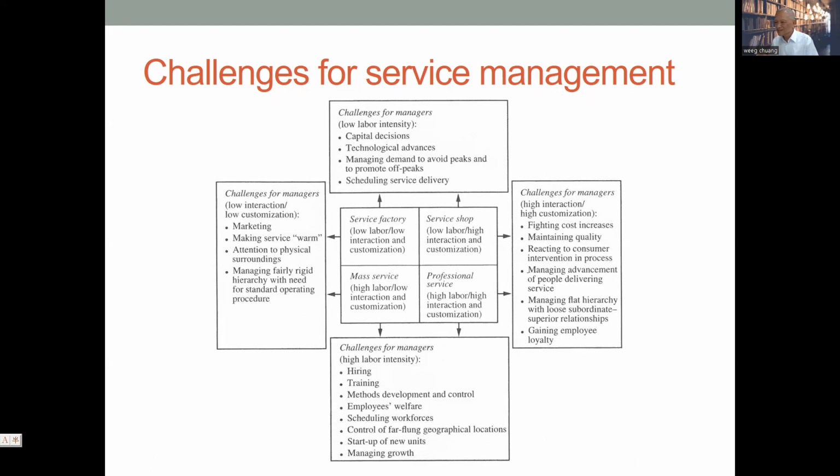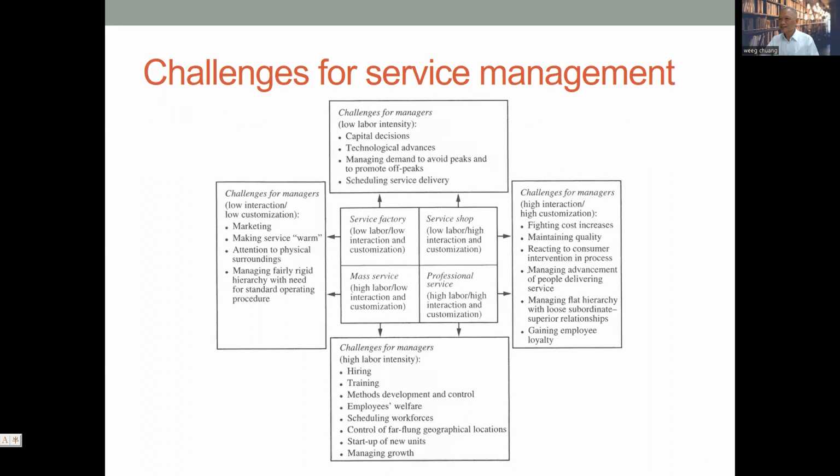Also, managing a flat hierarchy with loose subordinate-superior relationships. Also, gaining employee loyalty. Those are the major challenges for managers in high interaction, high customization situations.